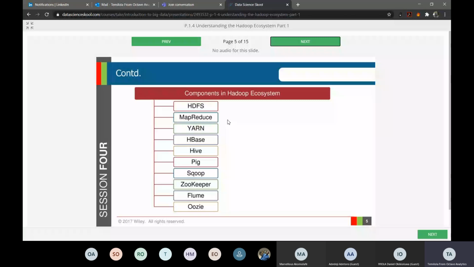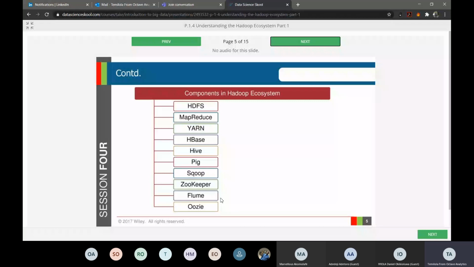To make it simple, the major three components of the Hadoop ecosystem are HDFS, the Hadoop distributed file system, MapReduce, and the software layer, YARN. The remaining ones, HBase, Hive, Pig, Sqoop, Zookeeper, Flume, and Oozie, are all different applications or technologies built on the Hadoop ecosystem, used to interact with it.